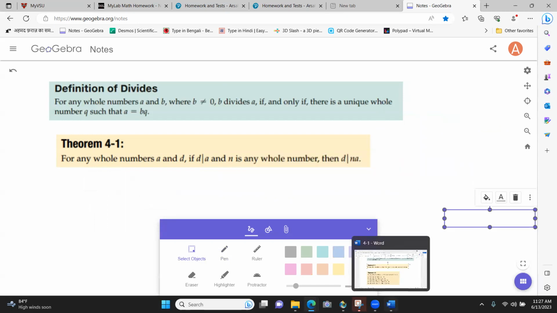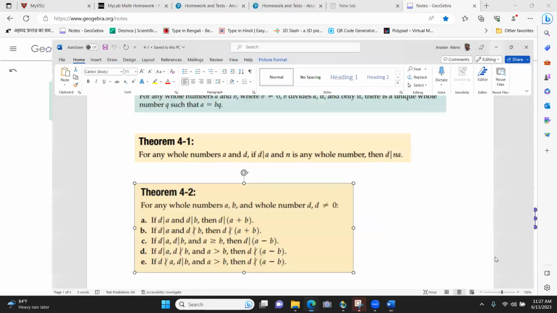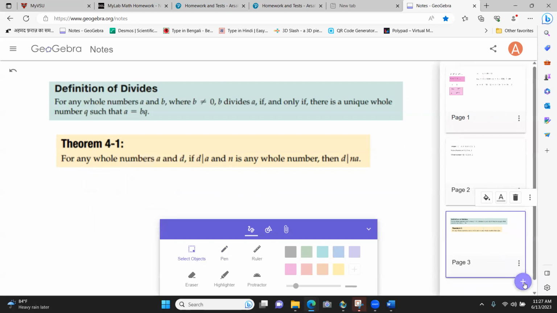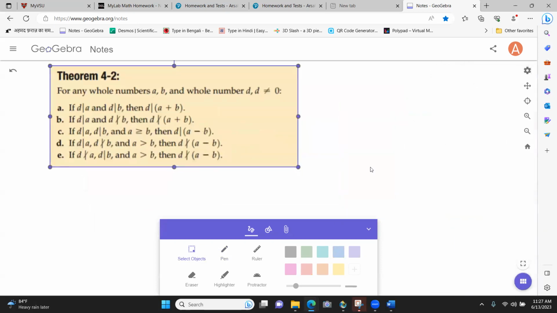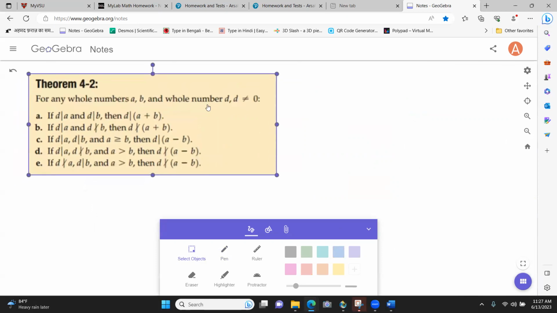Let's see what else is coming up. All right, let's go to a new slide. So your book explains these, and I will try to explain it informally myself in my own style.